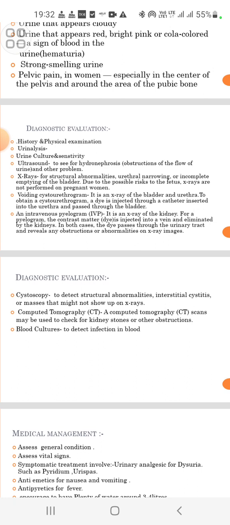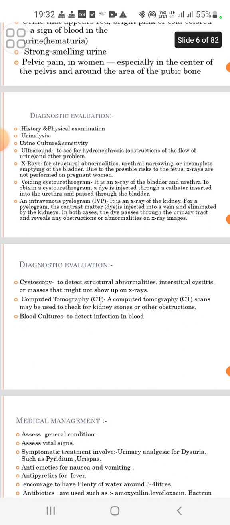Then comes magnetic resonance imaging, the MRI. That is also one of the finest diagnostic tools, done when the physician is not happy with the CT scan's result. These are the diagnostic tools that we use for urinary tract infection.